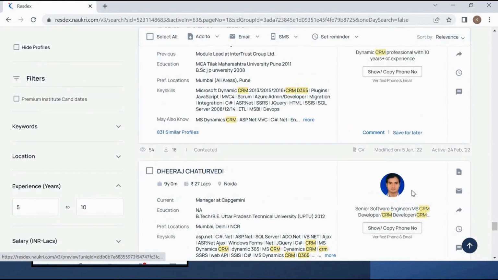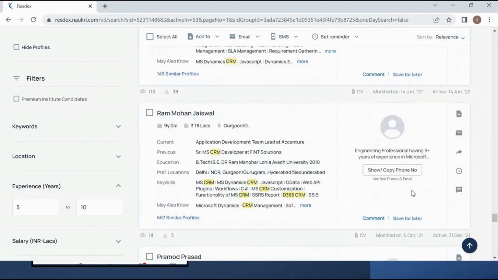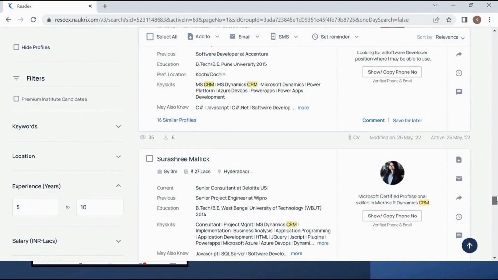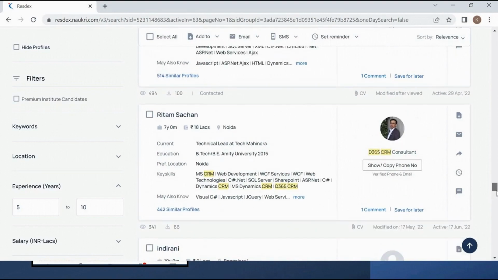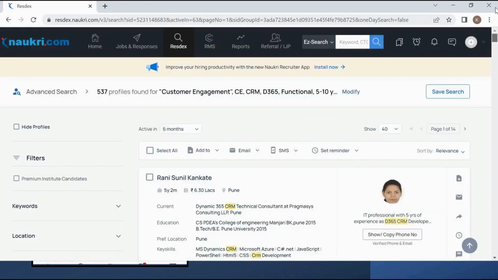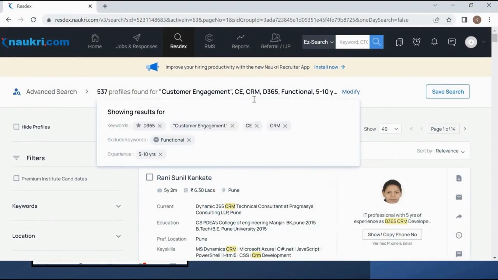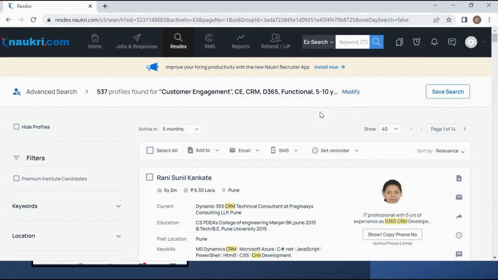So ultimately, friends, I hope you have seen that in every resume we are finding the technical person or developer person. You will not find a single resume mentioning functional because I have mentioned functional in the exclude keyword. Okay. I hope friends this topic is clear now.